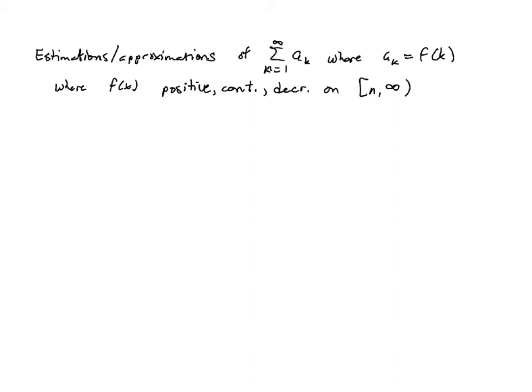Now, if we call this full sum up here S, and we have the nth partial sum Sn, so that's the sum k equals 1 to n of a sub k.